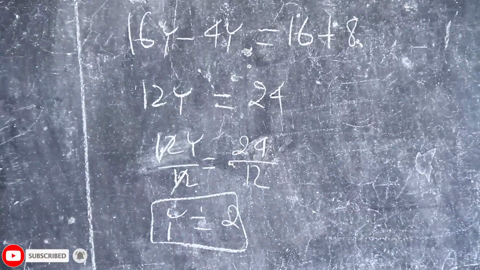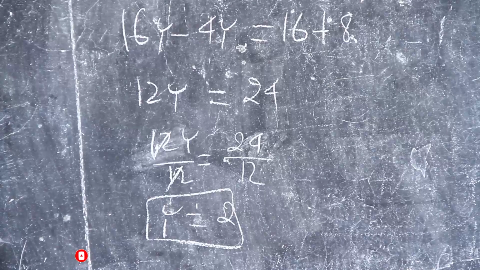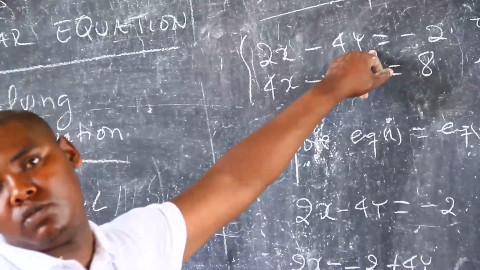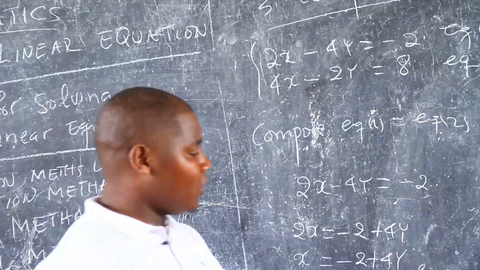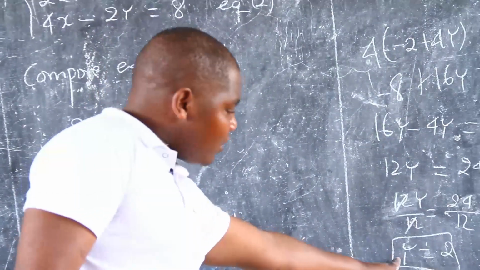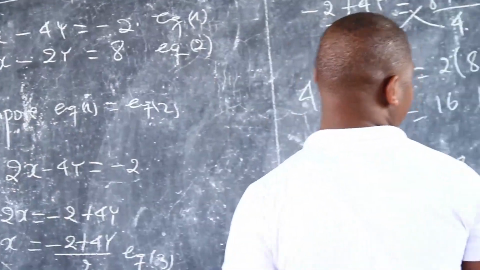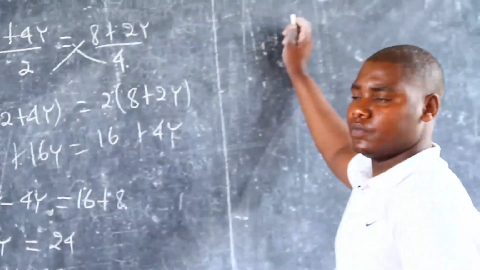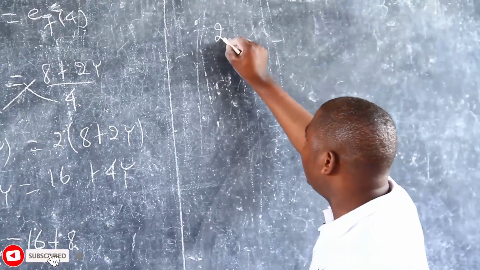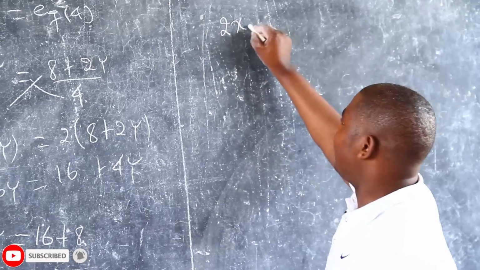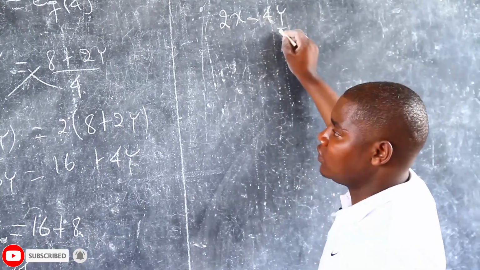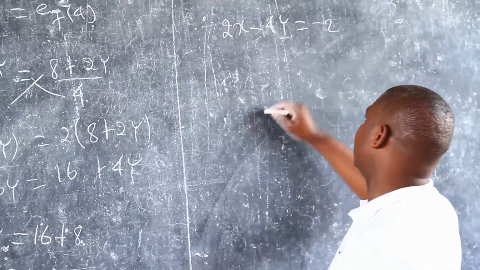Then after finding the value of y, I go back to my equation 1 or equation 2. Do you get it? If I have the value of y, I'm going to replace it. Let's take this, it's okay? 2x minus 4y equal to negative 2.